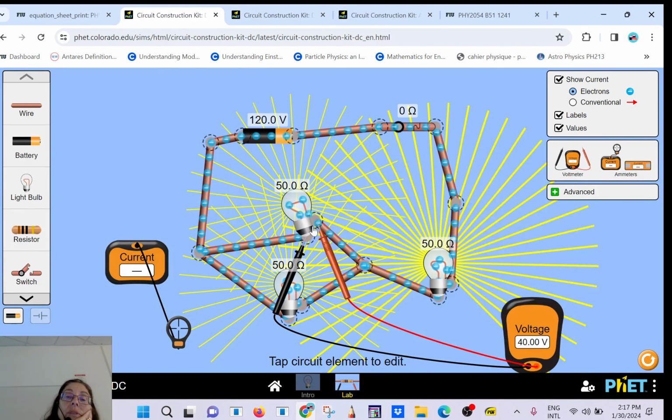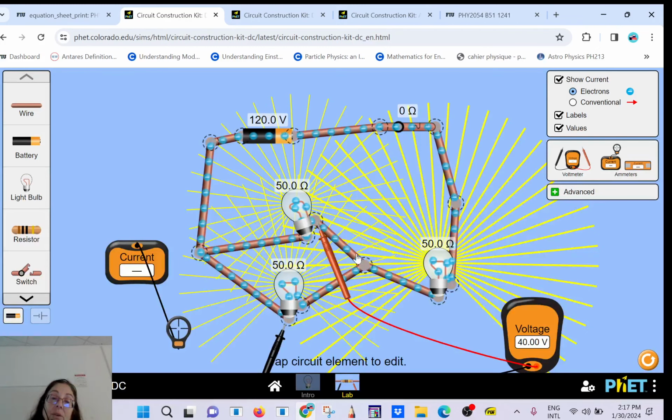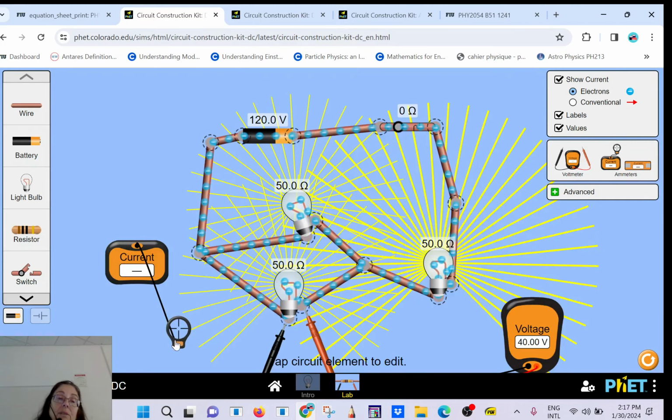Okay, it's also 40 here because we neglect the voltage drop across the connecting wire. Even though I told you that the resistance of a connecting wire is proportional to the length, inversely proportional to the area. And it's also 40 volt here, and that's going to be 0.8 and 0.8.